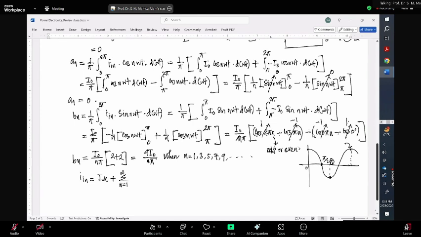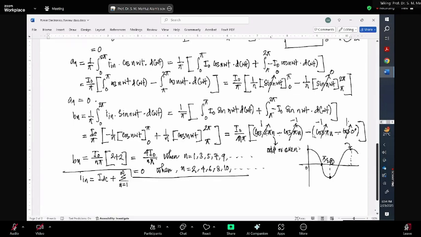And this value will become 0 when n is an even number, meaning 2, 4, 6, 8, 10, and so on.